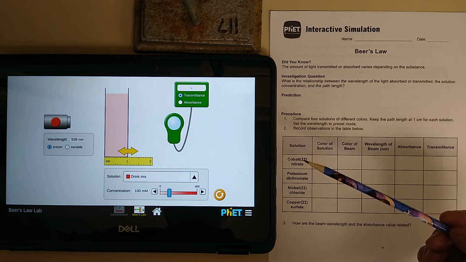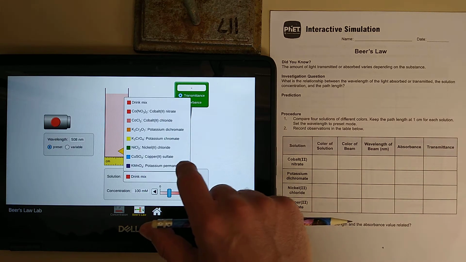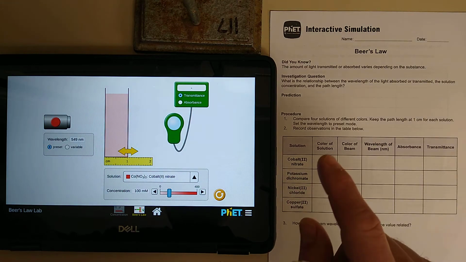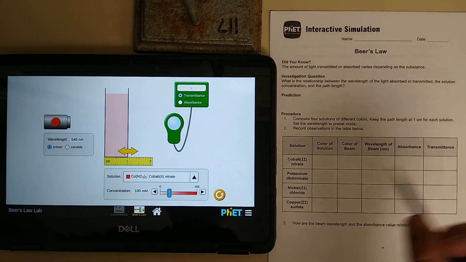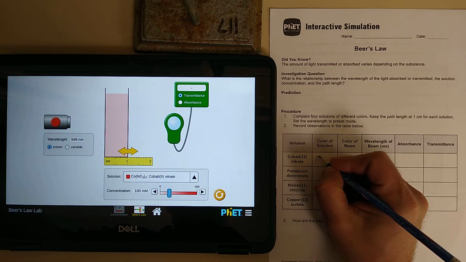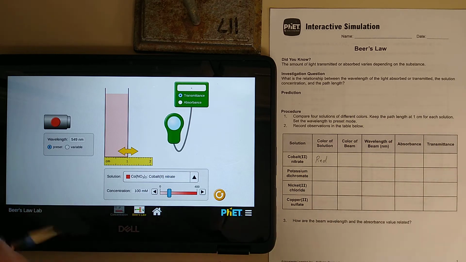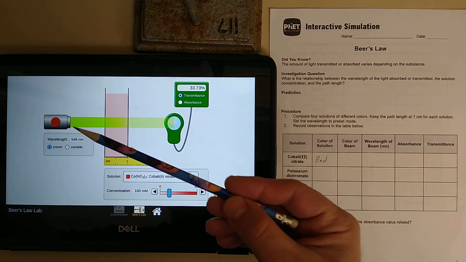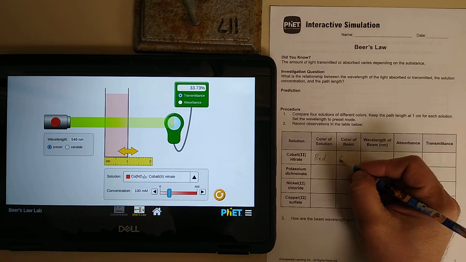Our first solution is cobalt 2 nitrate, so we're going to switch to that. What is the color of the solution? To me, it looks red, so I'm going to put down red. Color of the beam: I'm going to turn the light on. Here's the color of the beam, and it looks green to me.